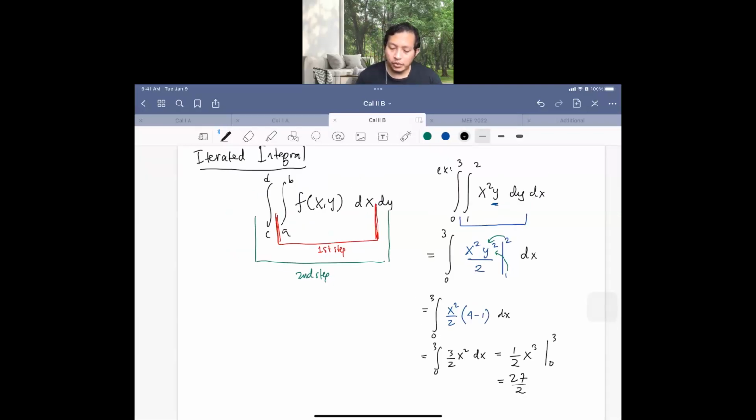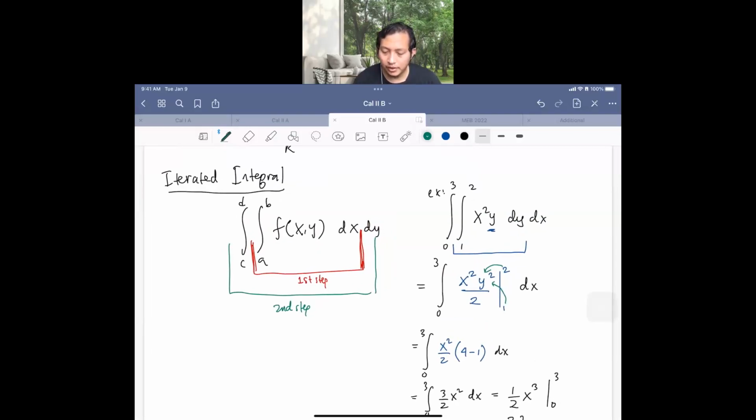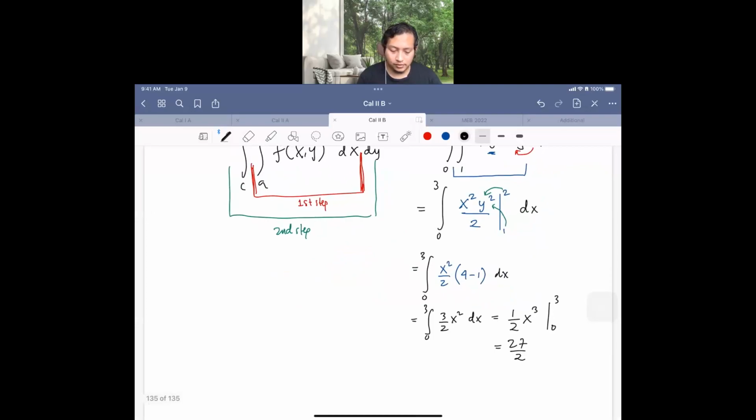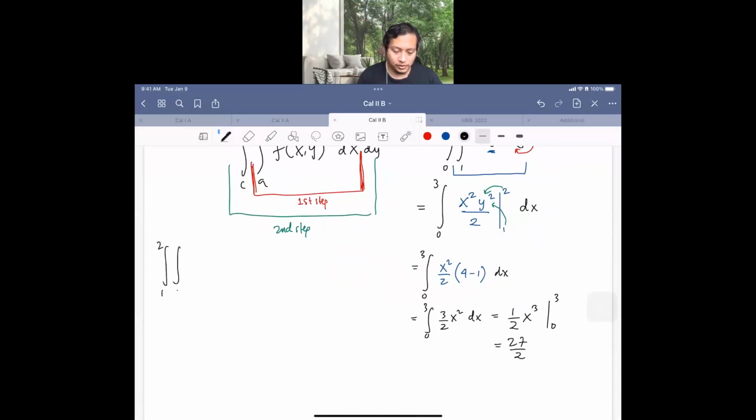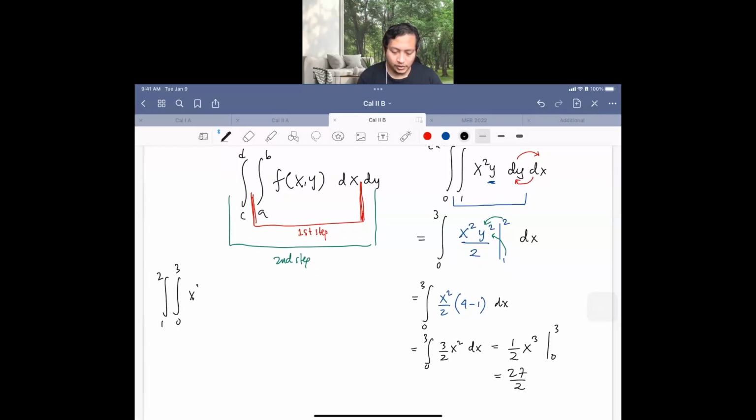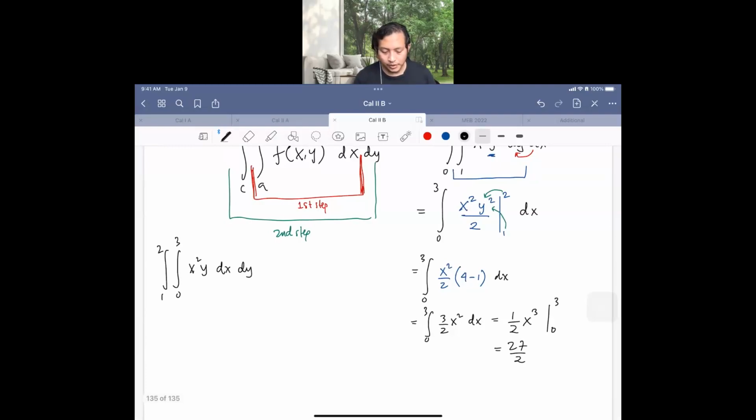Now what would happen if I change the integration order? Let's see. We can start with the integral from 1 to 2 and 0 to 3 of x squared y dx dy. Now we start with the inside: x cubed over 3 times y, and then input 0 and 3.